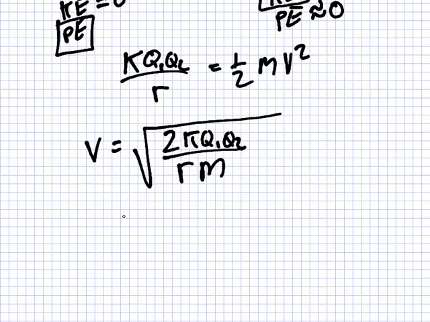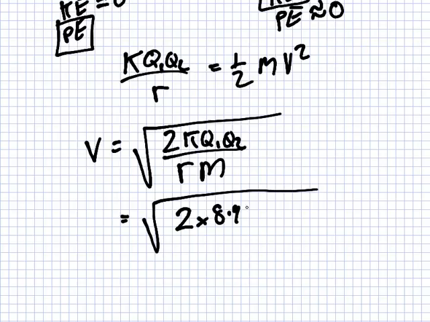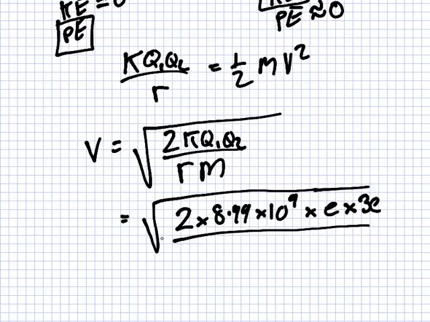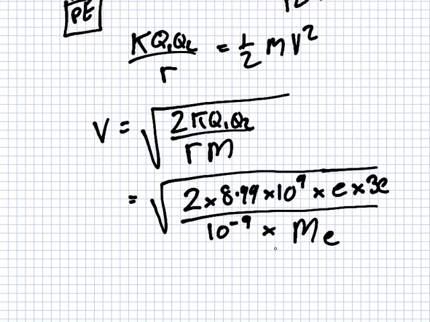Now actually some of this stuff we know, these is 3 protons and an electron, so it will be 2 times 8.99 times 10 to the 9 times e times 3e all over, what did I say the distance was? A nanometer, which is 10 to the minus 9, times the mass of the electron.